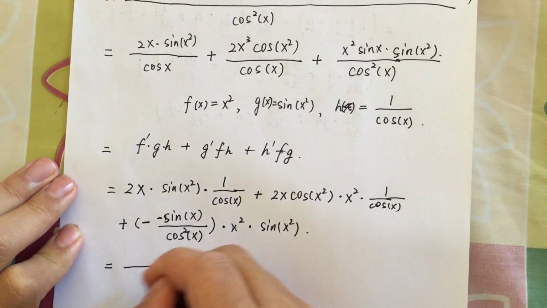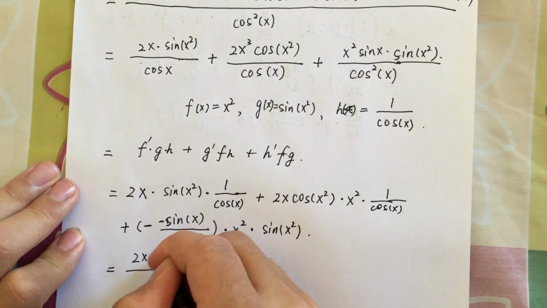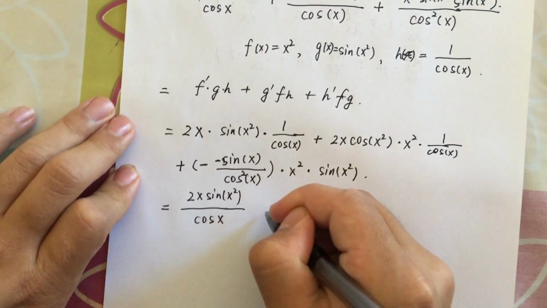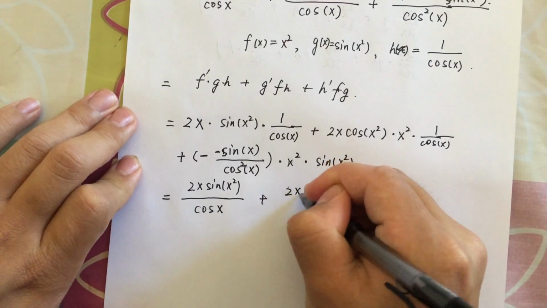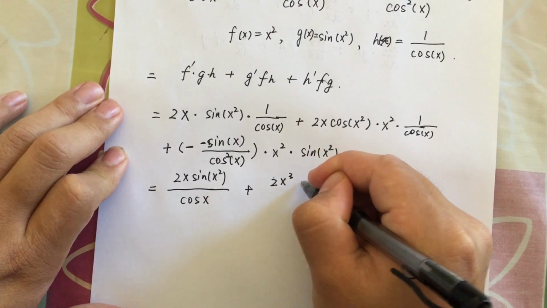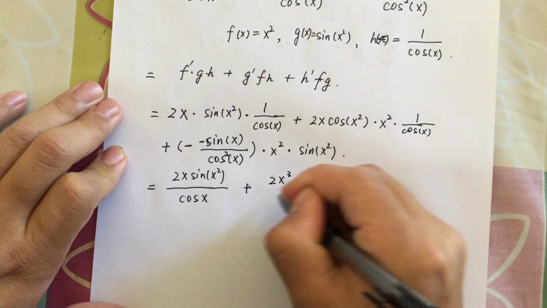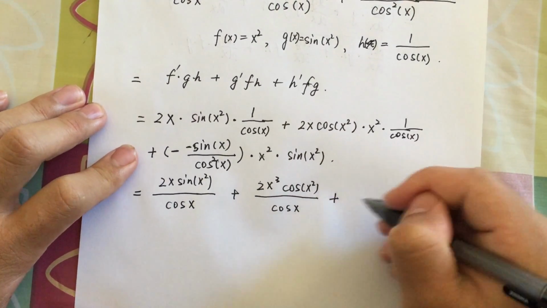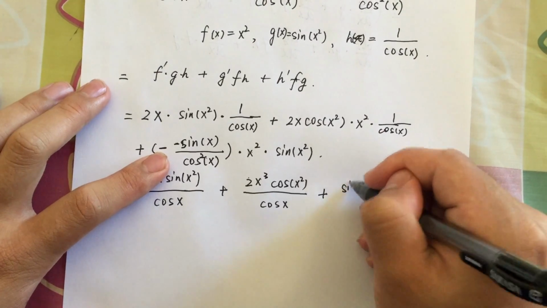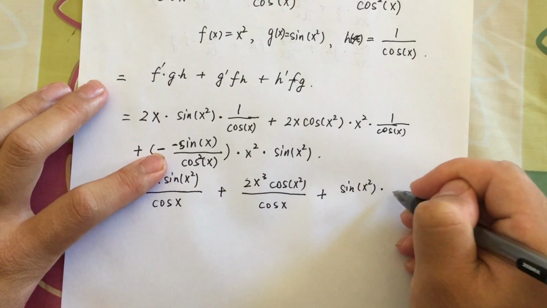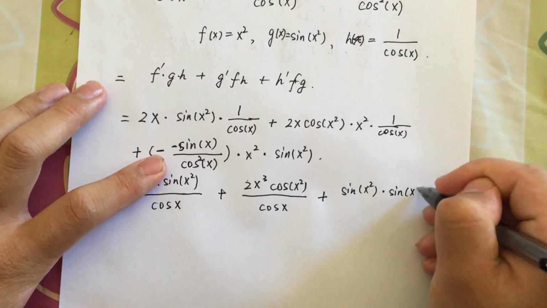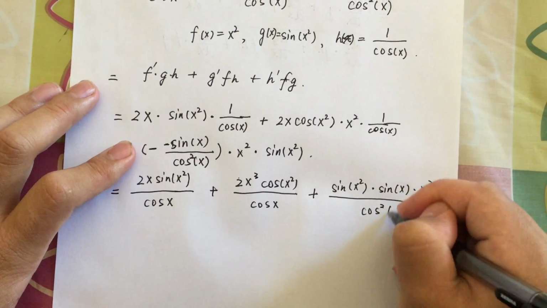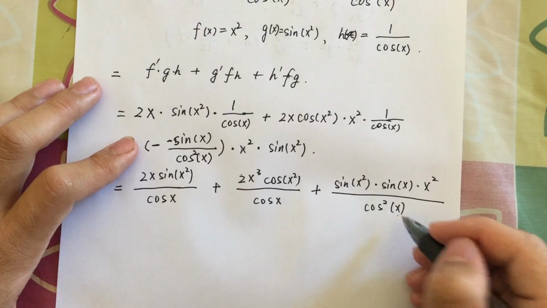We have 2x sine x squared over cosine x plus 2x cubed cosine x squared over cosine x plus sine x squared times sine x times x squared over cosine x squared.